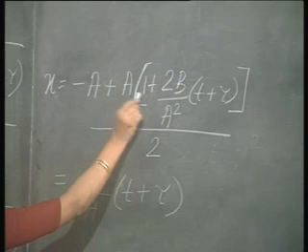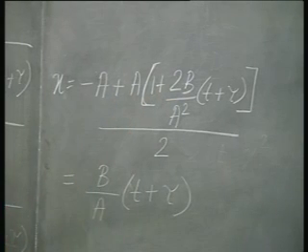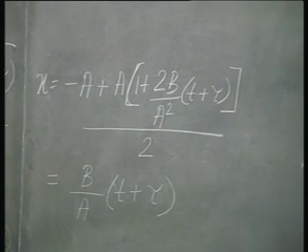This gets cancelled out. So, what I have is simply B by A into (t plus tau).